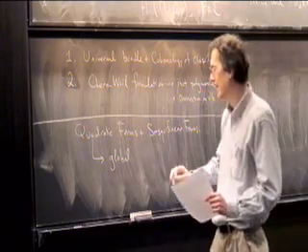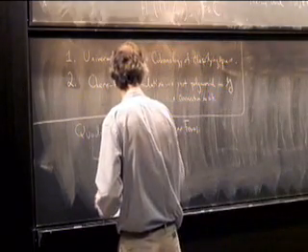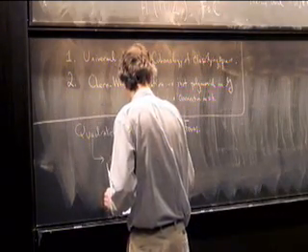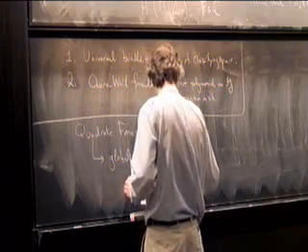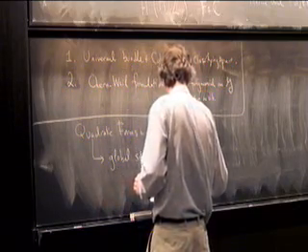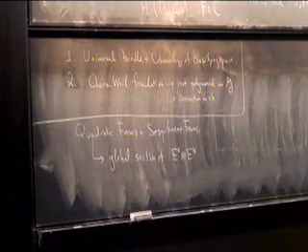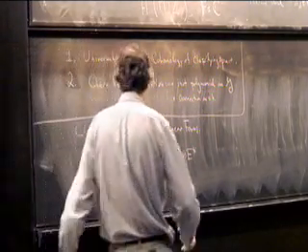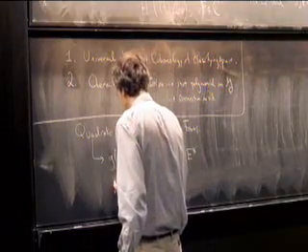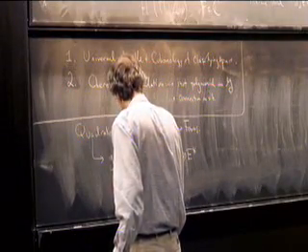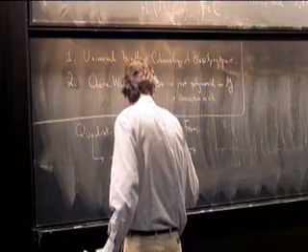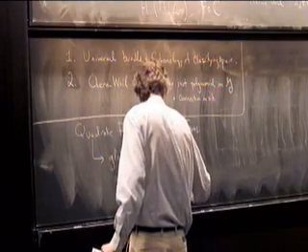So you can think of a quadratic form as a global section of E dual tensor E dual. That's a quadratic form on E. And then if you want it to be a symmetric quadratic form, well, it's a global section of the symmetric tensor product of E dual.